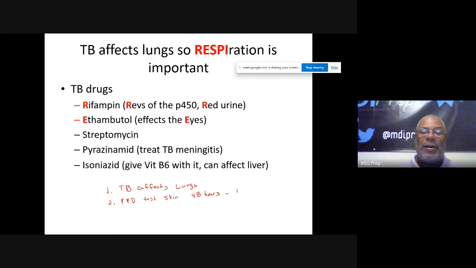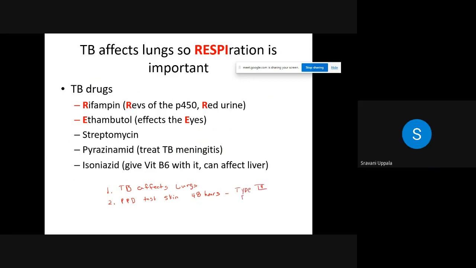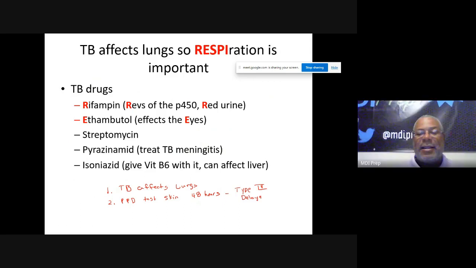Now, does anybody know what type of hypersensitivity TB is? It is what we call type 4, which is delayed. That's a delayed hypersensitivity reaction. Just for, and it's probably not on your test, but I always like to put it, there's a mnemonic called ACID, like acid, which is type 1, type 2, type 3, and type 4 hypersensitivity.